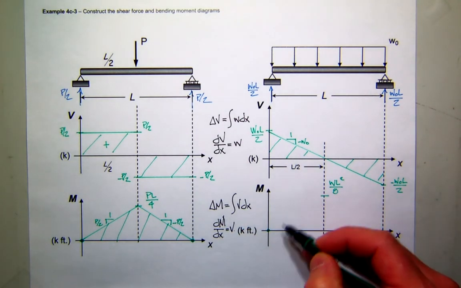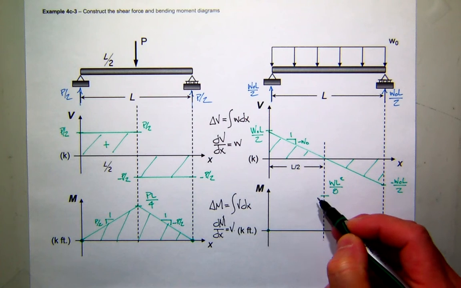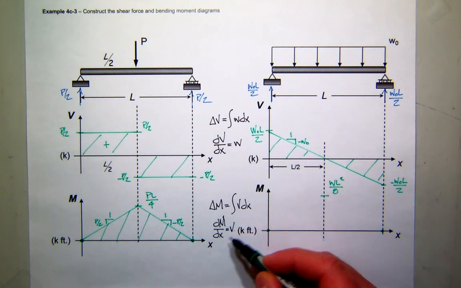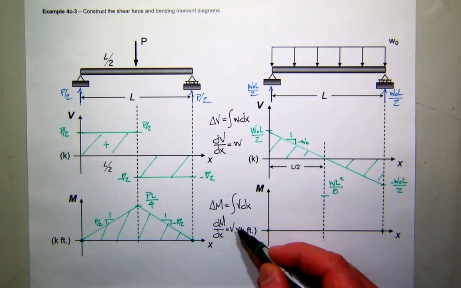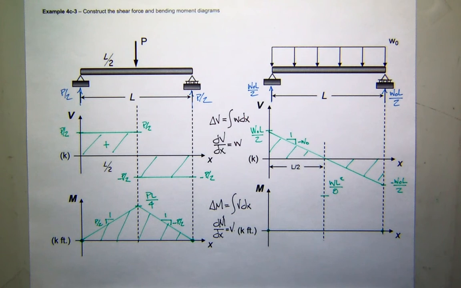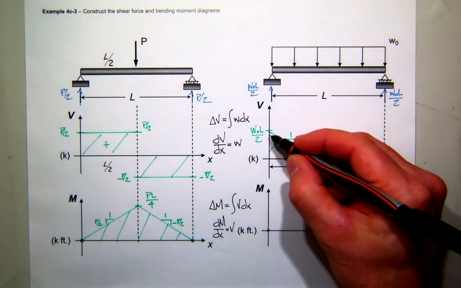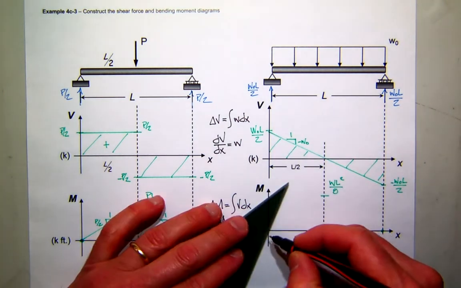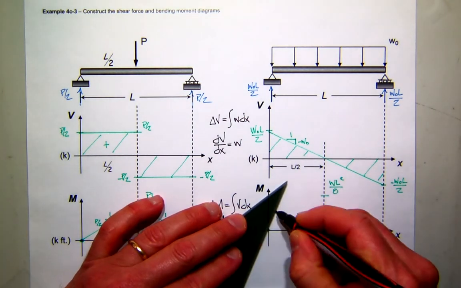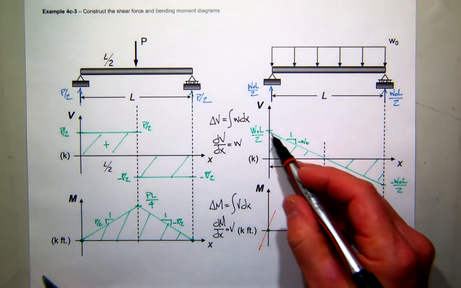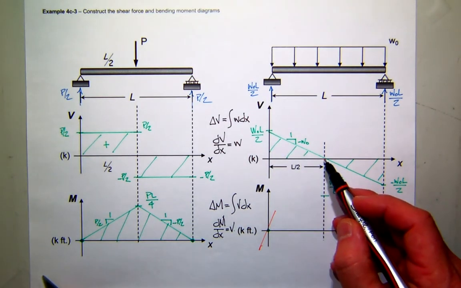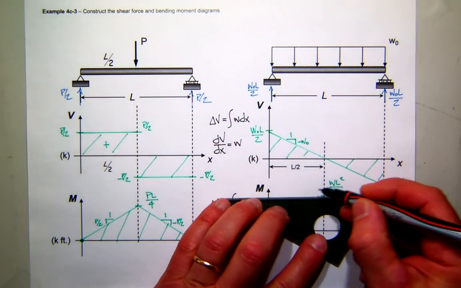Now what's the shape of the curve between these 2 points? According to our relationship, the slope should be the value of the shear. And what value is the shear at the far left edge? You go up and it's a positive slope, right? And it decreases to 0. So here's 0 slope.